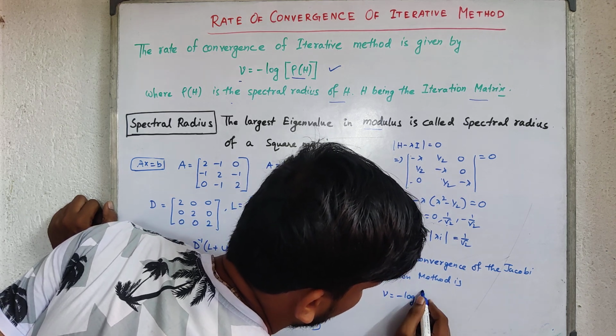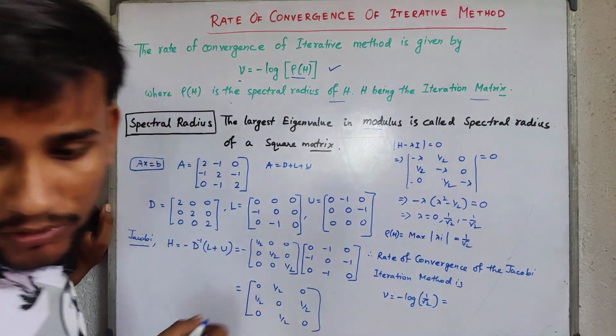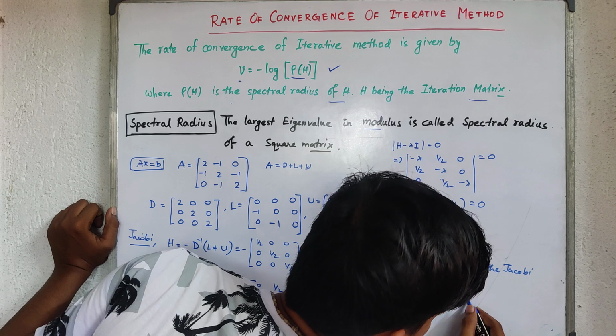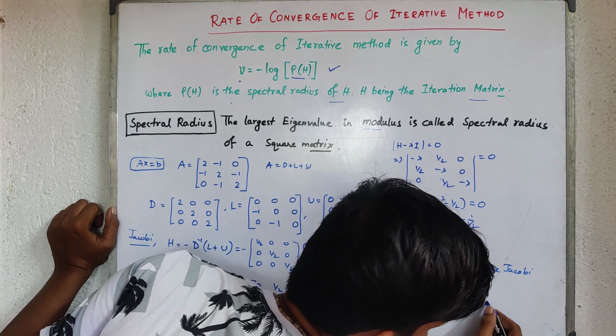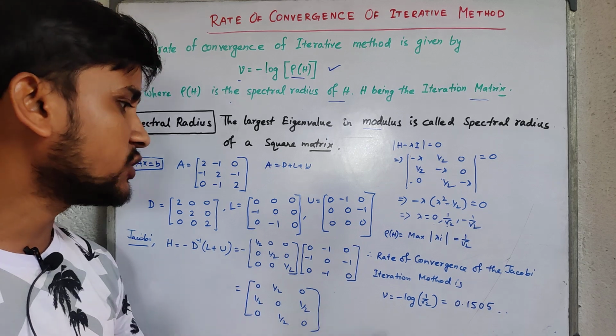Minus log of rho of H, which means minus log of 1 by root 2. If we calculate, we get approximately 0.1505 and something more. Okay, so this is the complete procedure.